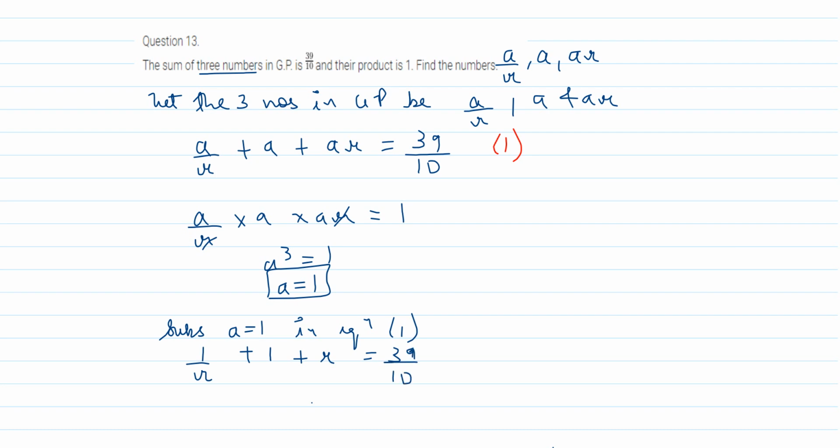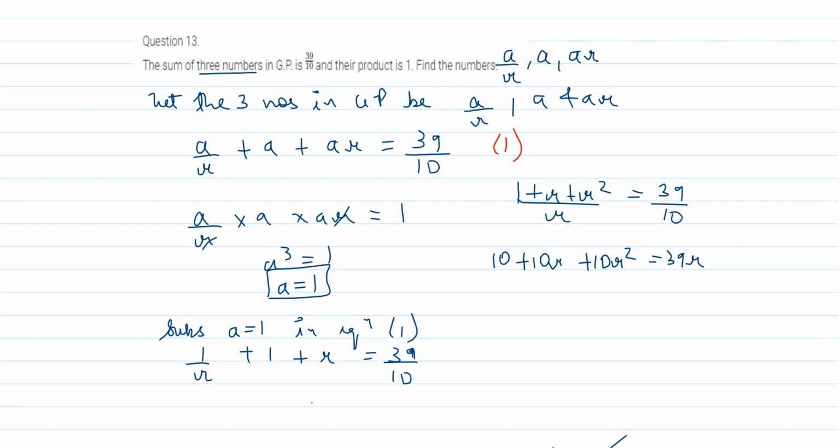Taking LCM will give me (1 plus R square plus R) upon R will be equal to 39 upon 10. So cross multiplying will give me 10 plus 10R plus 10R square is equal to 39R.